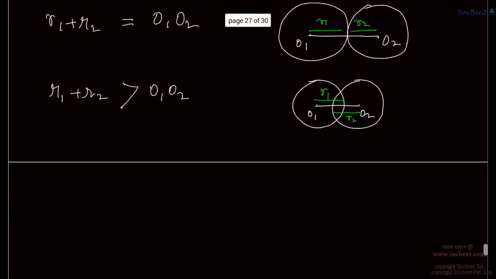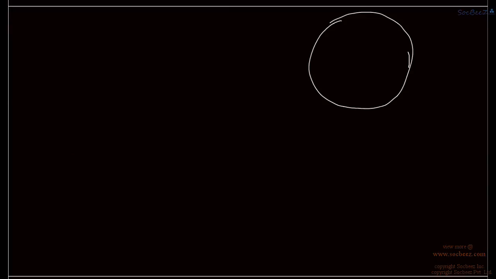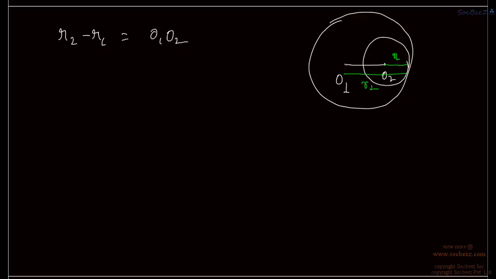And there is also a fourth case. What is that case? The fourth case is like this. We have one circle here and another circle touches from inside. Say this is point O1 and this is point O2. In this case, this is R1 and this is R2, so if you check, you will get R2 minus R1 is equal to O1 O2.